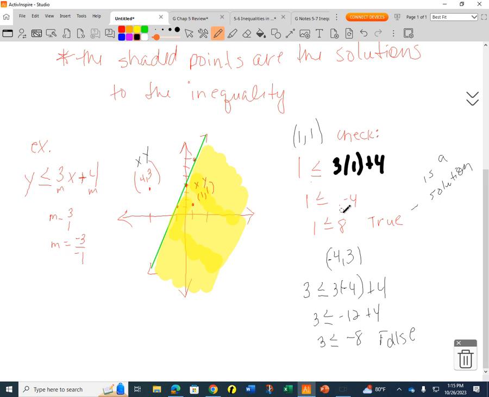And so this should be 7, not 8. So let's correct yours. So that's 3 plus 4 is 7. It's still the same. 1 is less than 7, but I did mess that up. I'm having an off day. It is still a true statement, but it's better to be lucky than good sometimes.